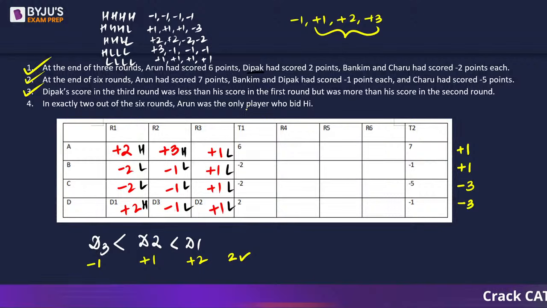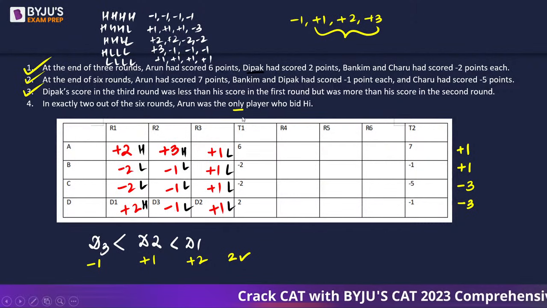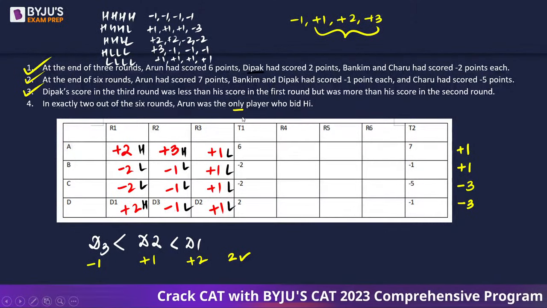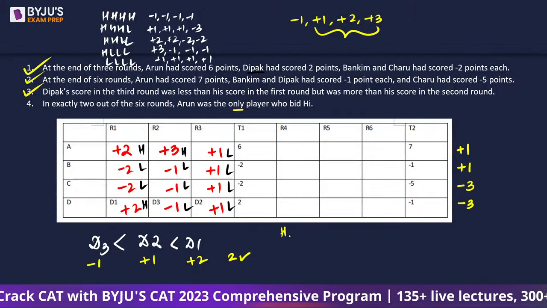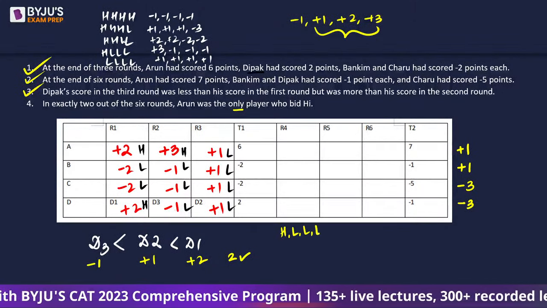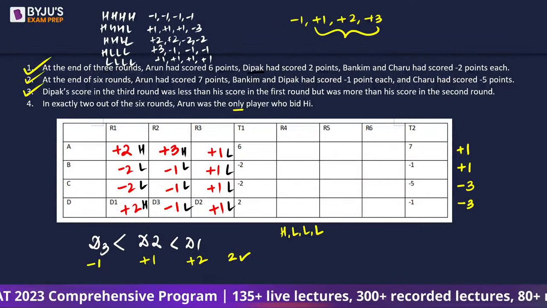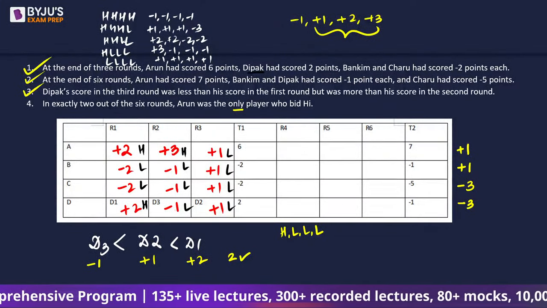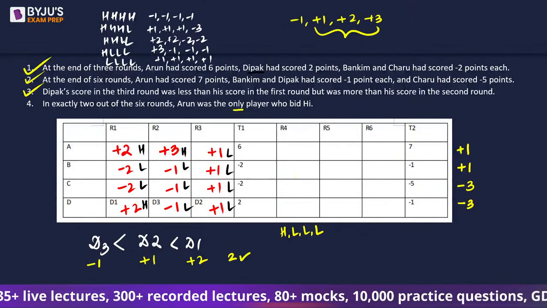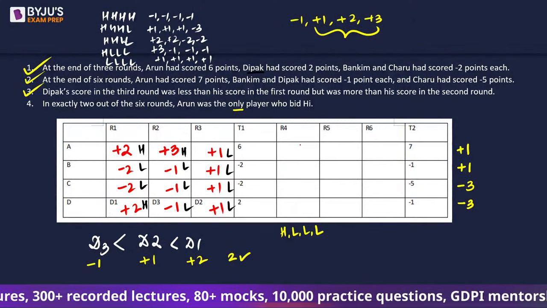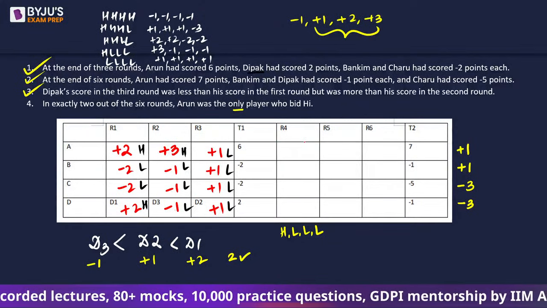Acha, it says only player. So can we say that H triple L has to be used again? In which Arun is definitely going to put in a high. That is fixed. Which round is it? No idea.